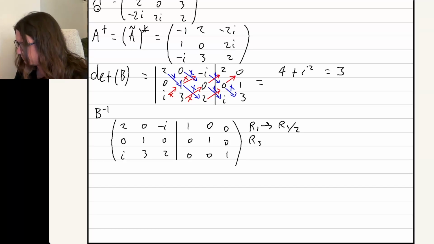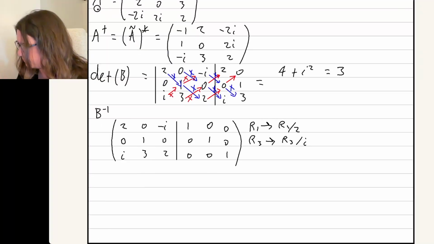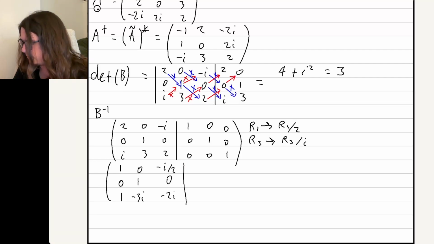But I'm going to divide R3 by I. That is just going to make it so that the leading terms are going to be 1, 0, 1. This is going to be 0, 1, 3 over I, which is minus 3I. This is going to be minus I over 2, 0, and then 2 over I makes minus 2I. And then on this side, we have 1 half, 0, 0, 0, 1, 0, 0, 0, minus I. Cool.